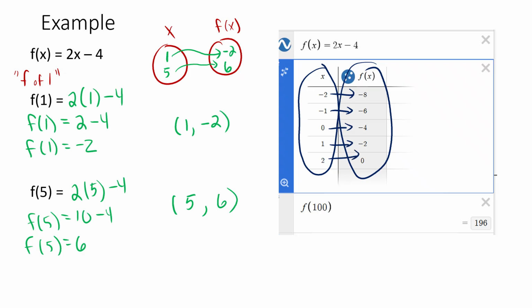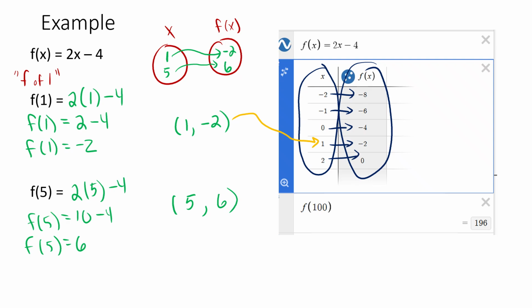I could go into Desmos and delete those numbers and plug in other numbers to see what they map to. And here's the one that we were doing right here. We did the 1, negative 2, and you can see that mapping right there.